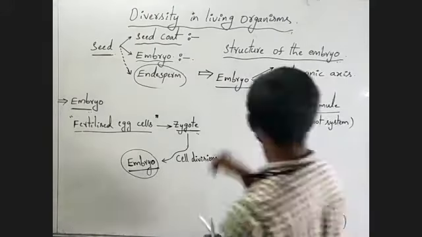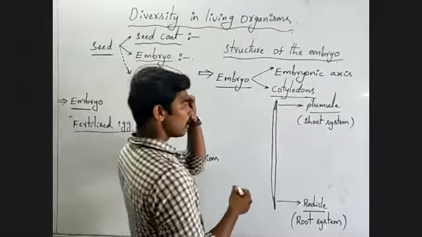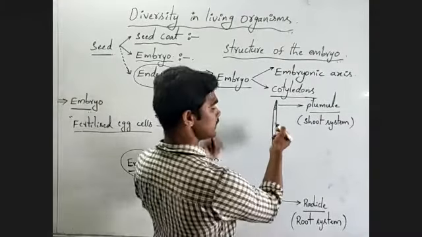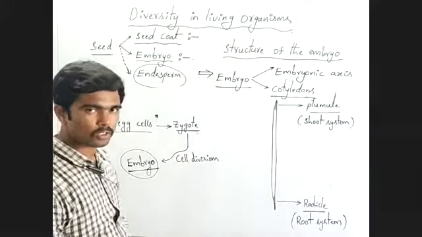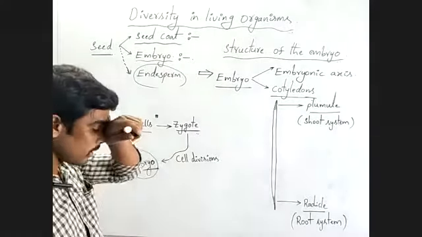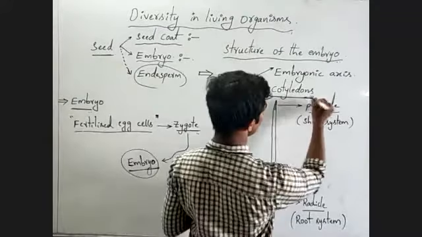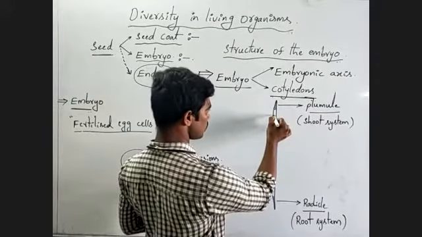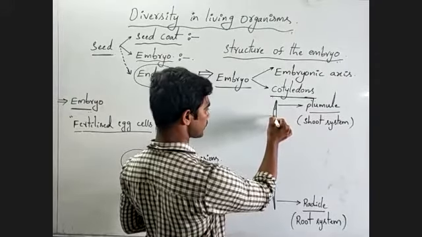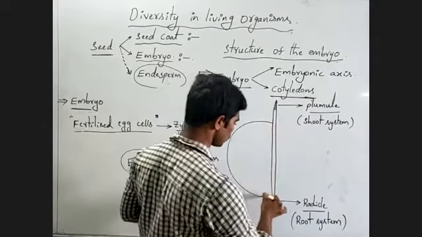Next, another important one is epicotyl and hypocotyl. Okay, observe. Now a cotyledon. Cotyledons are attached to the embryonic axis. For example, here this is a cotyledon.